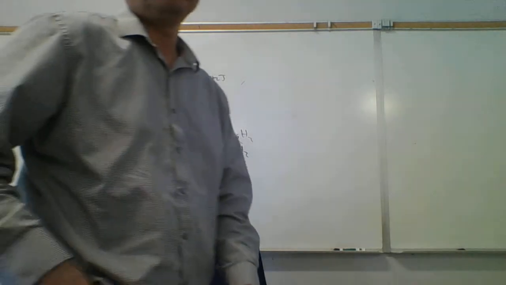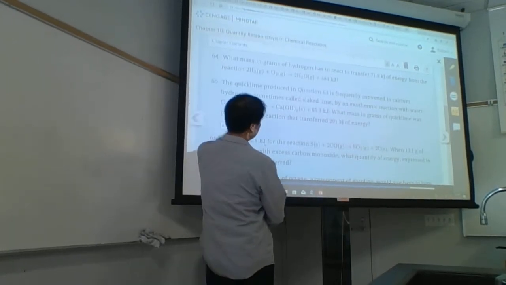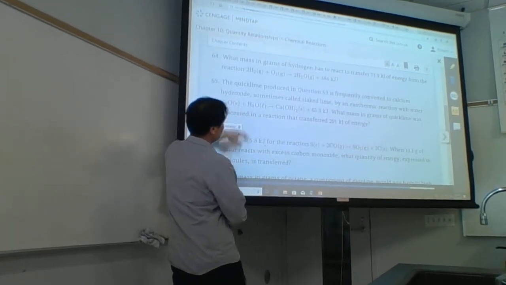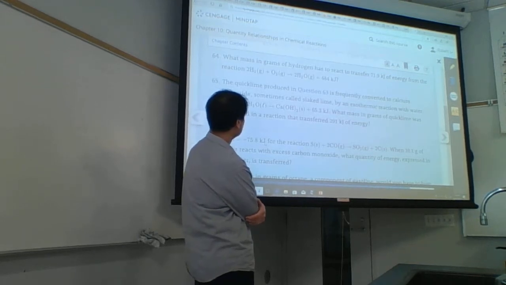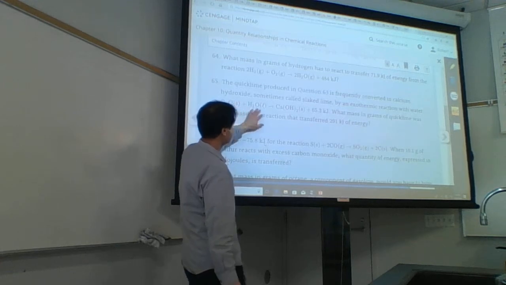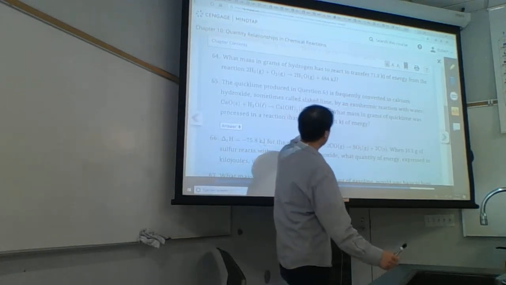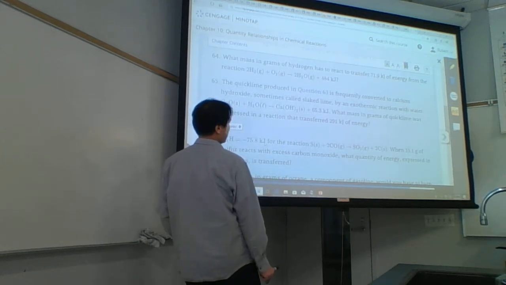65. The quicklime produced in question 63 is frequently converted to calcium hydroxide, sometimes called slaked lime, by the exothermic reaction with water. So calcium oxide plus water. This is a Lewis acid-base reaction producing calcium hydroxide. What mass in grams of quicklime was processed in the reaction that transferred 291 kilojoules of energy?